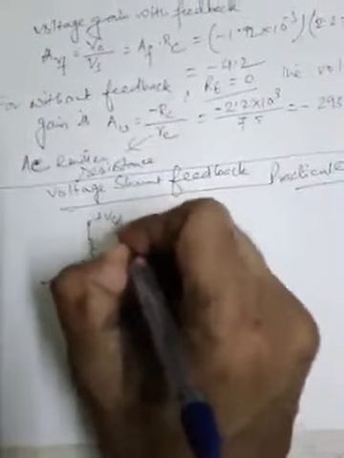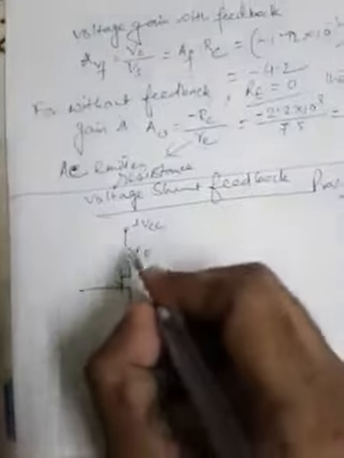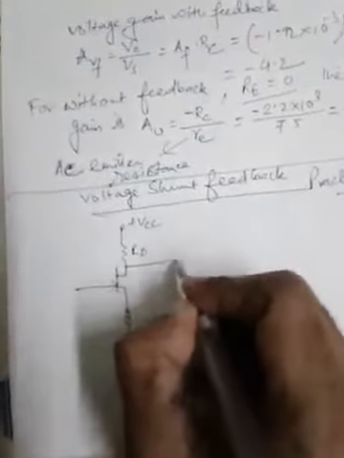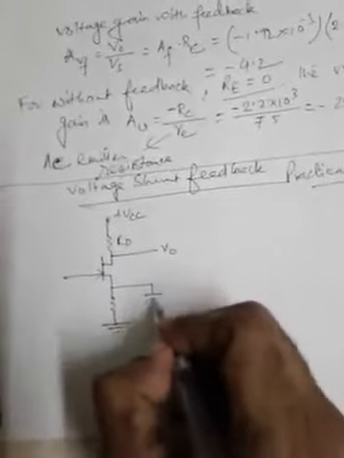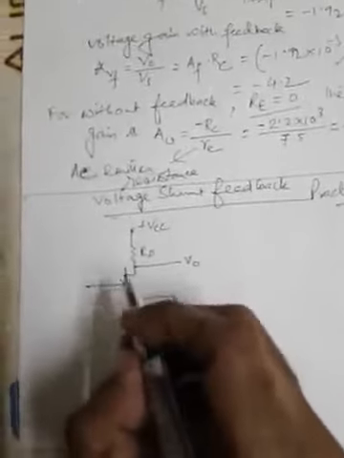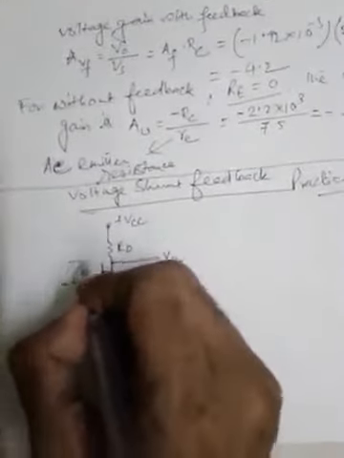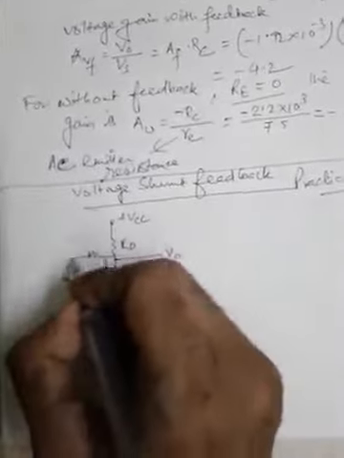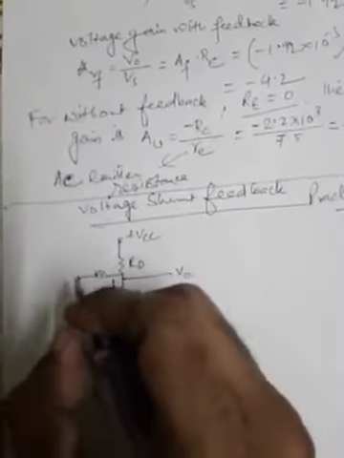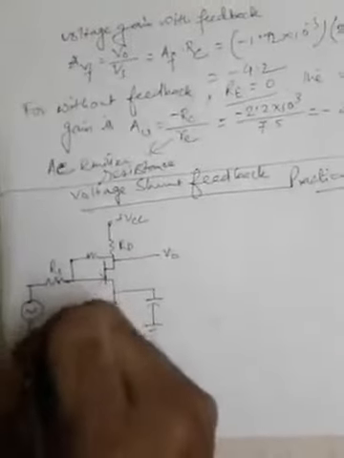This is plus VCC, this is RD. From the output VO is taken, and a capacitor is connected across this resistance. And once again here the drain to gate bias is being applied, and this is RS and this is VS.